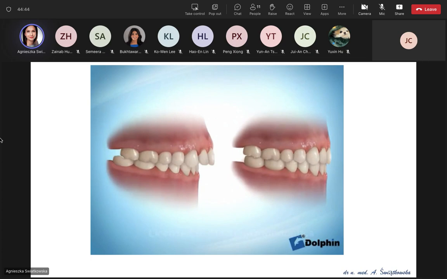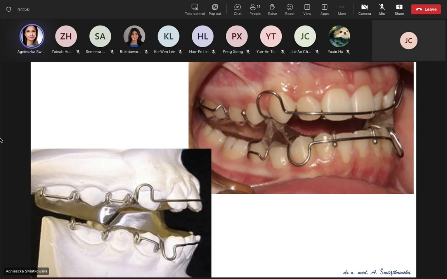Usually, a functional appliance the patient wears for all the night and a minimum of 4 hours per day. This kind of appliance, the twin block, the patient can wear for all the day, 24 hours per day.